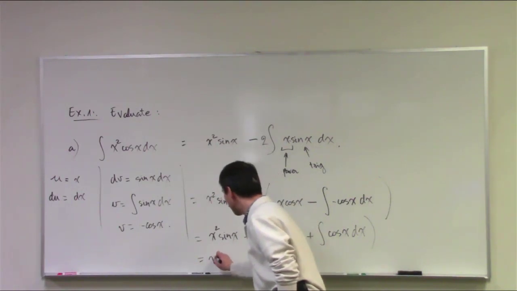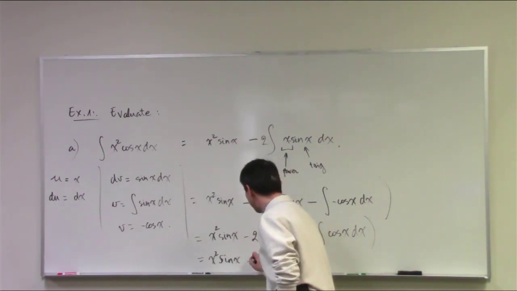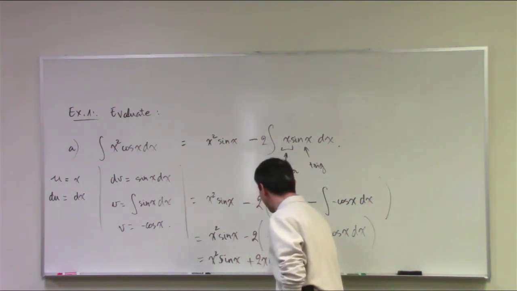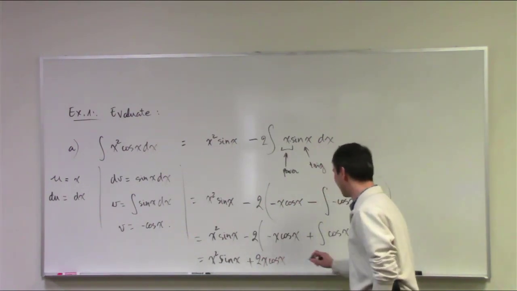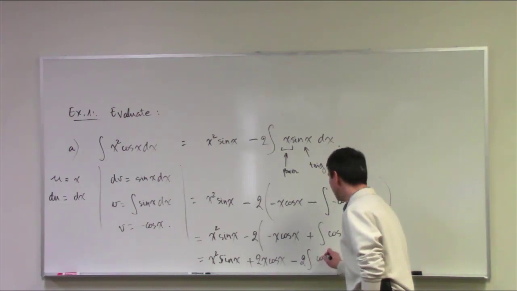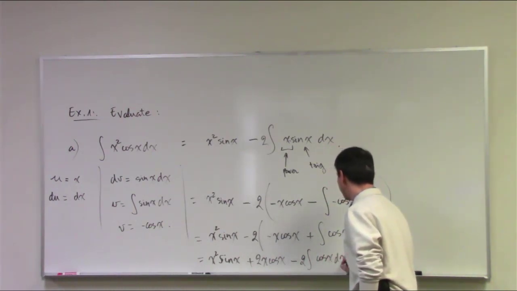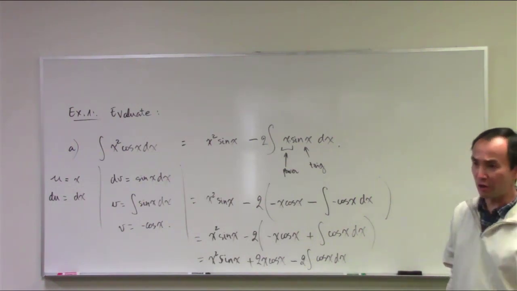So now x squared sine of x. I can go ahead and distribute that minus 2, making it a plus 2x cosine of x. And notice now we got one more term being done, right? And then now I'm going to think about subtract 2 integral of cosine of x dx. Good. So we still got hung up with one more integral, right?